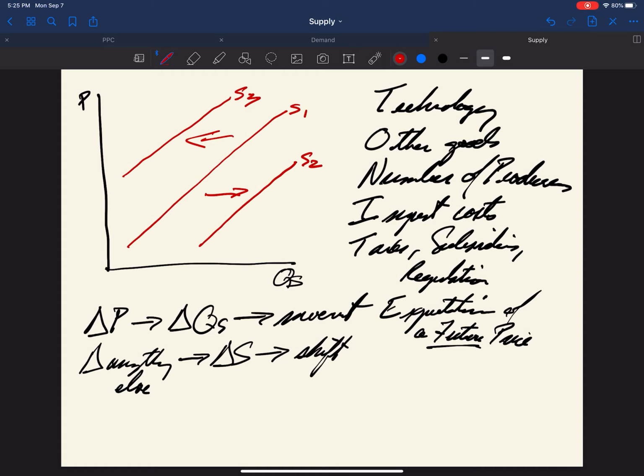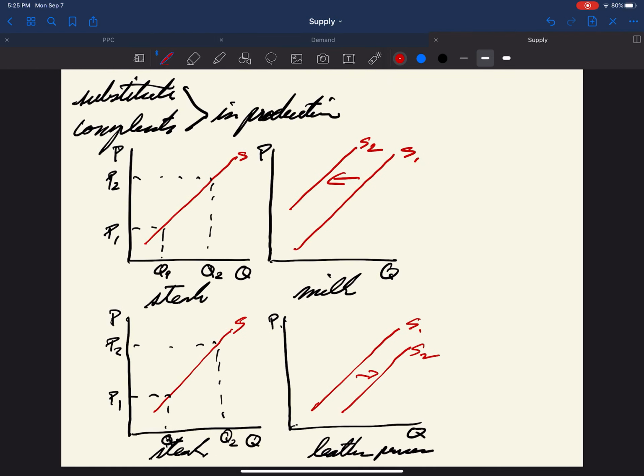So the last two: input costs, taxes, subsidies, and regulations. All right. Input costs is essentially what it takes to make a product and the cost of that. Now, this requires a little bit of understanding of language. Price and cost are not the same thing. Price is essentially what we're going to buy for in the market.